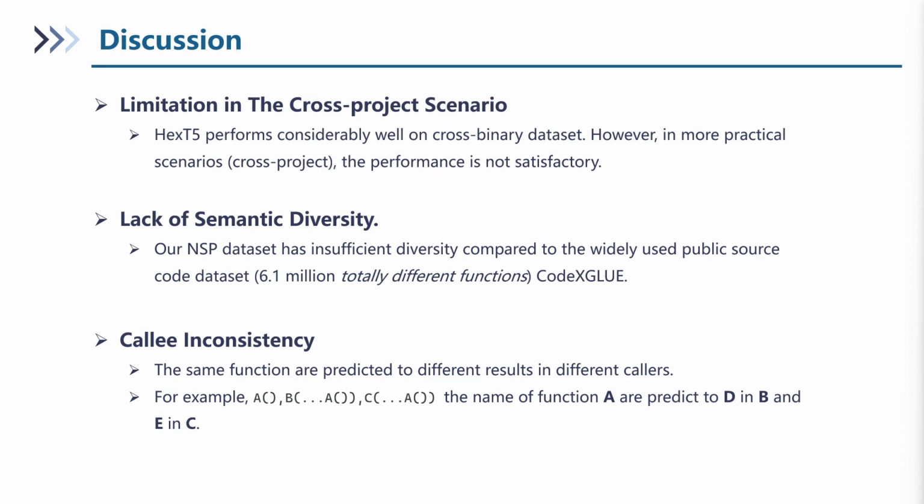Although our dataset NSP already contains 5 million different binary functions, it still has insufficient diversity compared to widely used public source code datasets, such as CodeXGLUE, which has almost 6 million totally different functions. Furthermore, we observe inconsistency in Colly prediction. Specifically, the functions are predicted to have different results in different colors.